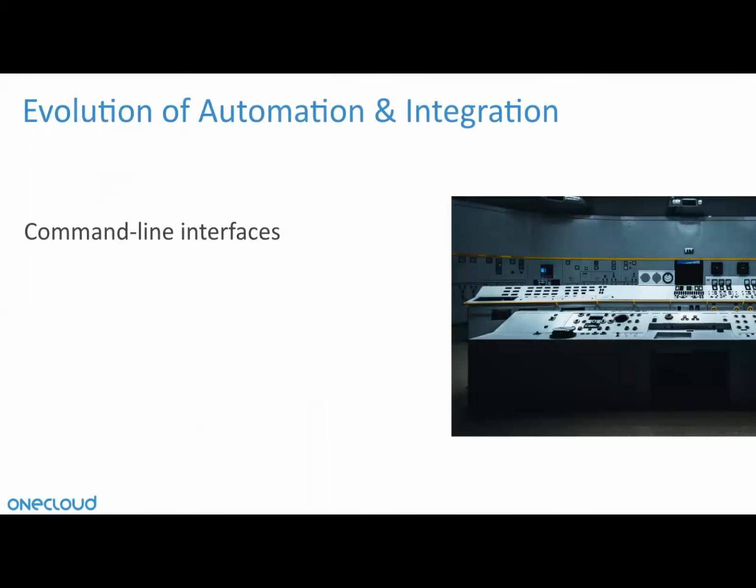So, the evolution of automation and integration. I hate to admit it, but I was around when mainframes were still being used, and they had primarily a lot of command line interfaces and a lot of green screens, many of which are still in use today. That led to mainframe schedulers, because you needed to have lots and lots of jobs.